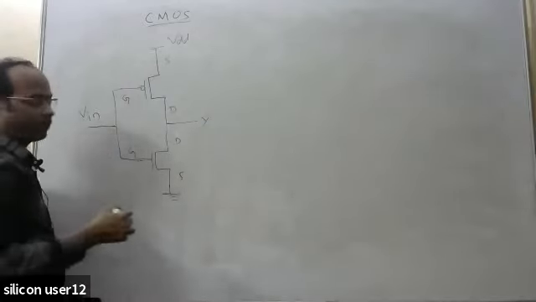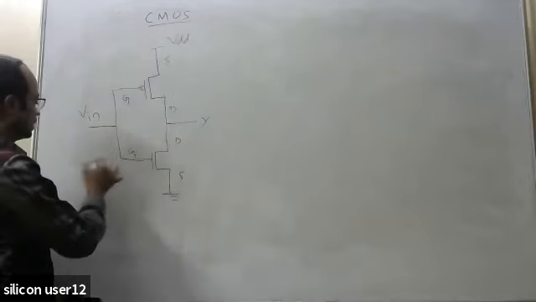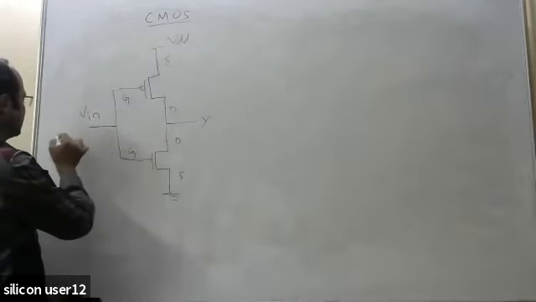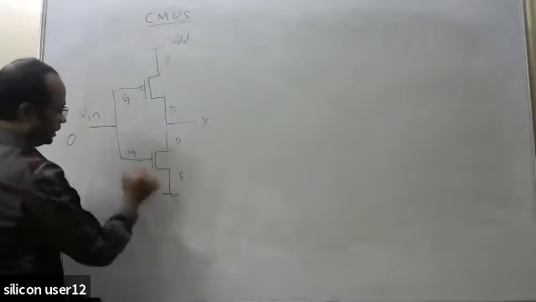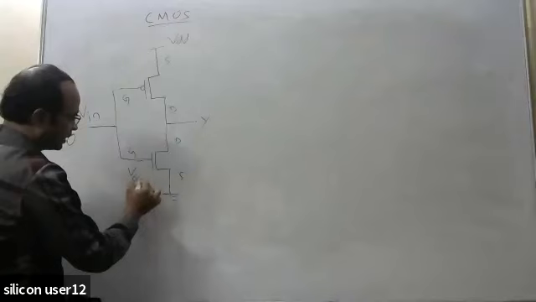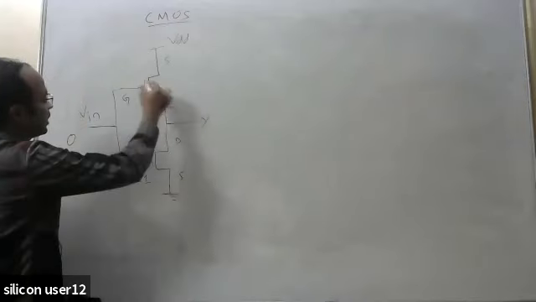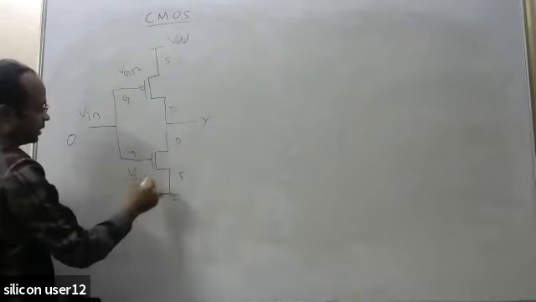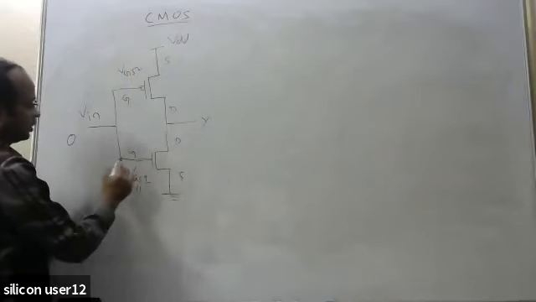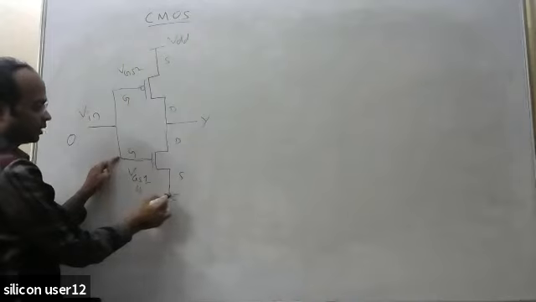So this is the input voltage VI I was giving. Already I have seen this. Let us consider the case of V in equal to 0. Here let us say this is VGS1, and I am taking this as VGS2. Here VGS1 is how much? This gate is 0 and source is 0.